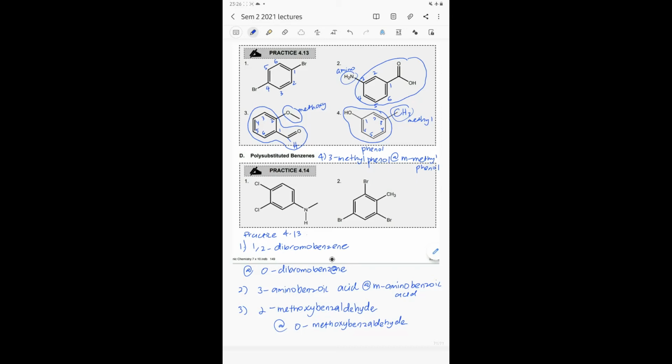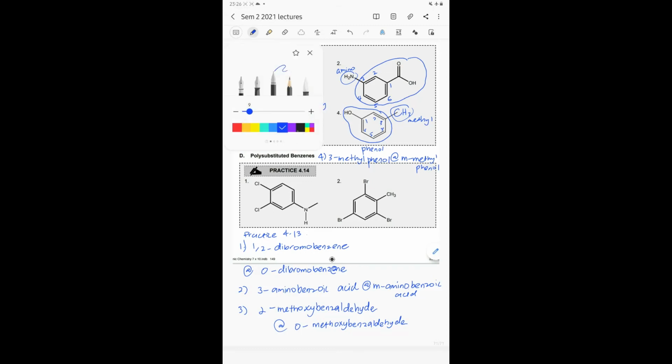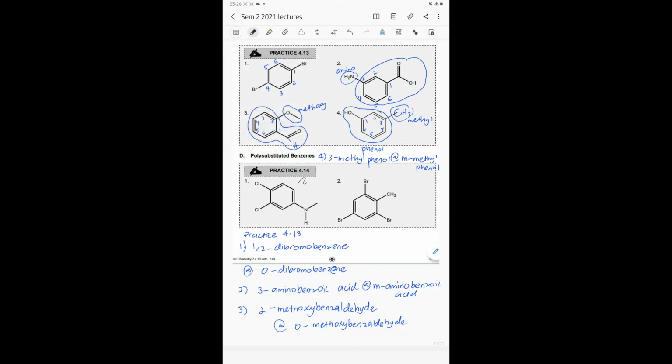You cannot use ortho, meta, para here when you have more than 2 substituents. So let's look at this structure. What is the name? This is called aniline.